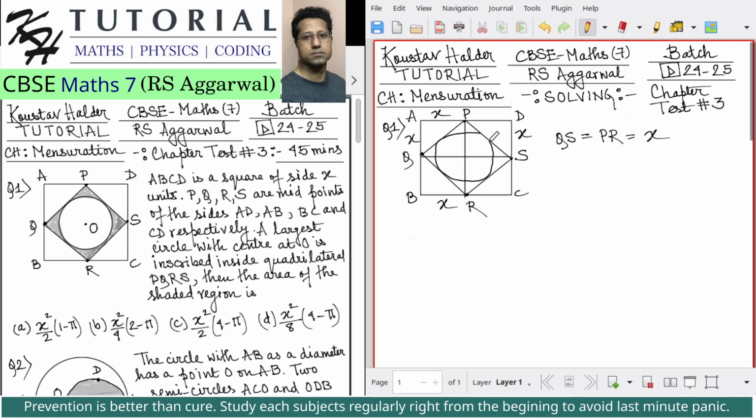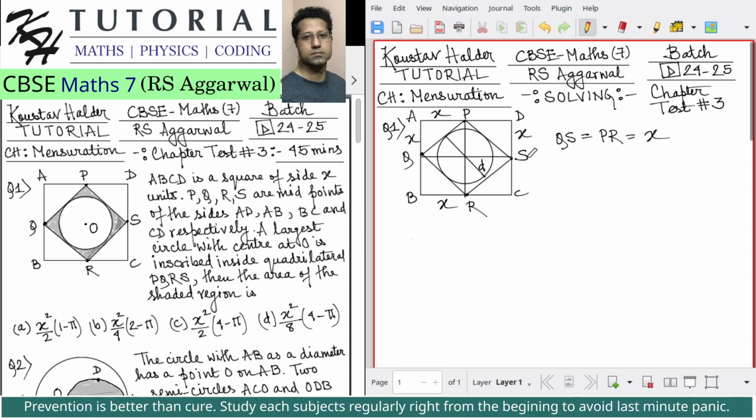So when we have a largest circle inscribed inside a square, the diameter of the circle will be equal to the length of the side of the square PQRS. Now, let D be the diameter of the circle which is inscribed inside the square PQRS.